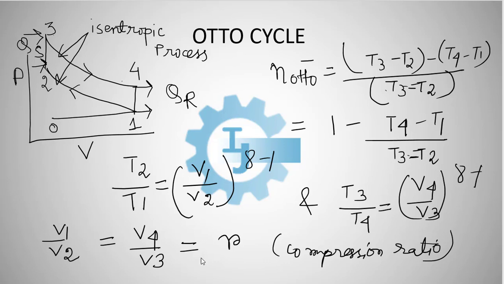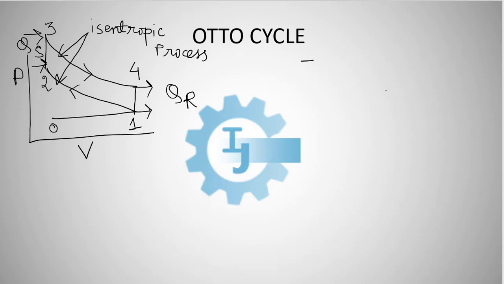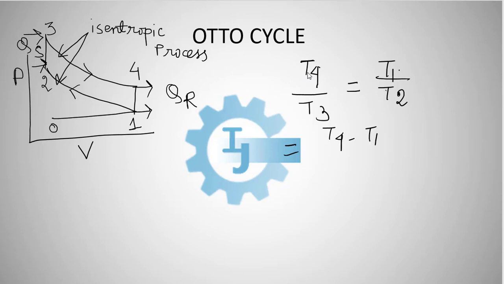So therefore, T2 by T1 equals T3 by T4. We can write T4 by T3 equals T1 by T2 equals (T4 minus T1) divided by (T3 minus T2).